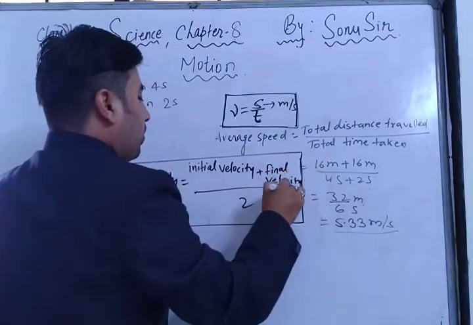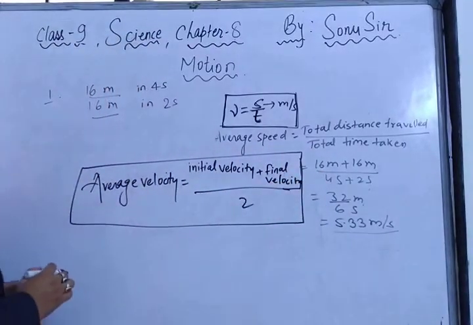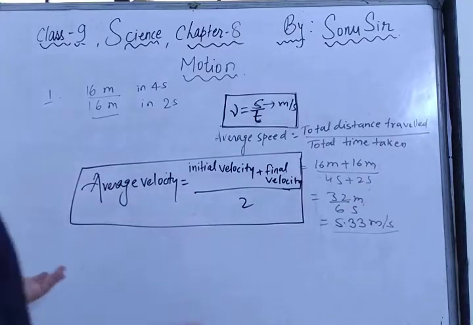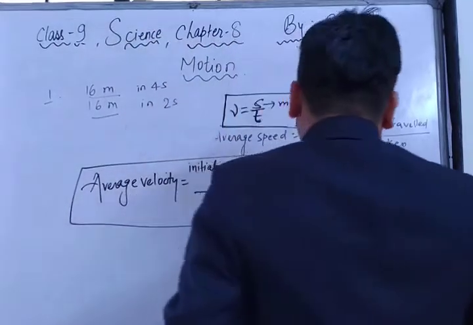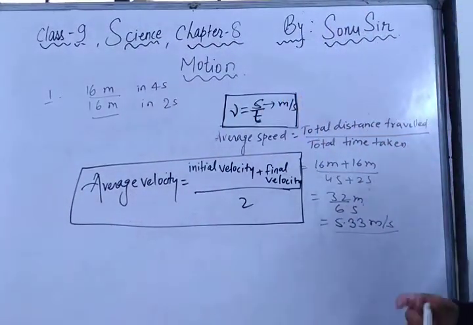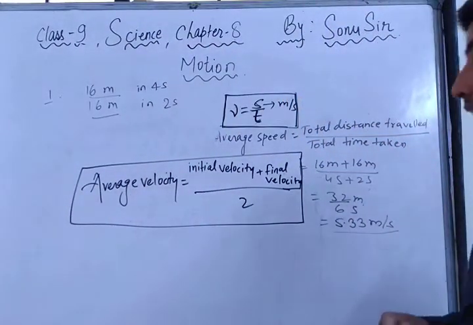First of all, you should know about velocity. What is velocity? As I have told you, displacement upon time, right? Velocity is equal to displacement upon time. Velocity of a body is defined as its displacement per unit time. As I informed you in the previous video, what is the difference between distance and displacement?